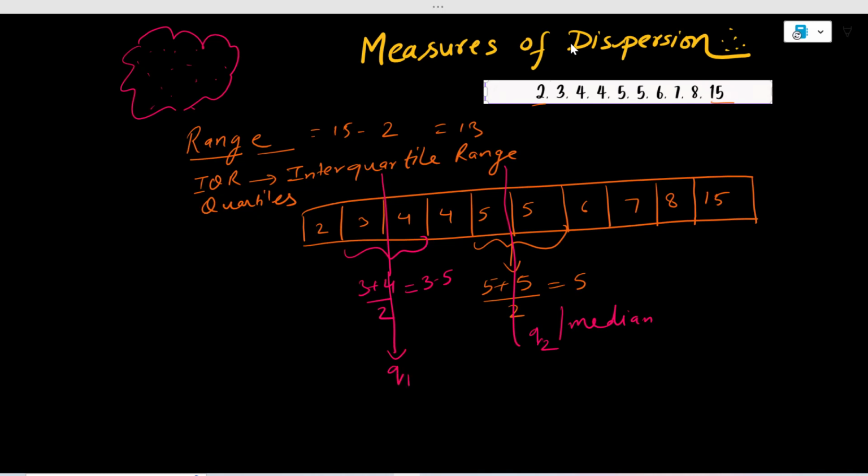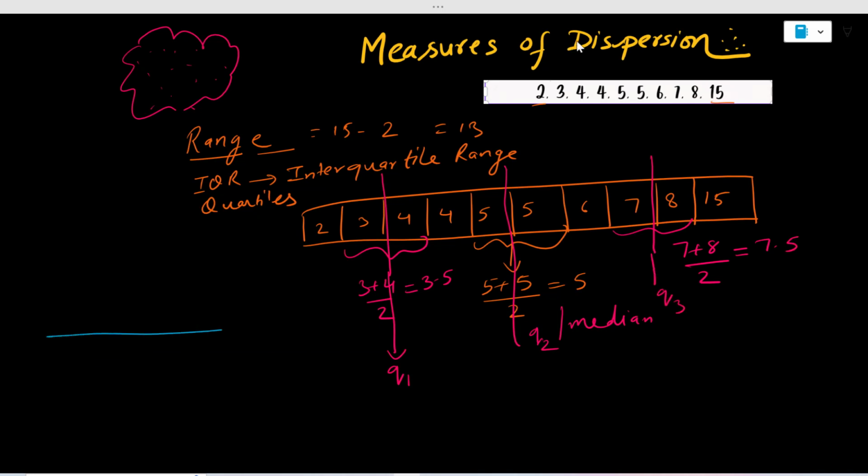Let's go to the upper half and divide it again into 2 equal parts and find the median of this. So we have 6, 7, 8, 15, and these are 4 in number, so we will find the mean of these middle values, which is 7 plus 8 over 2 is equal to 7.5. So this is Q3, or the third quartile.